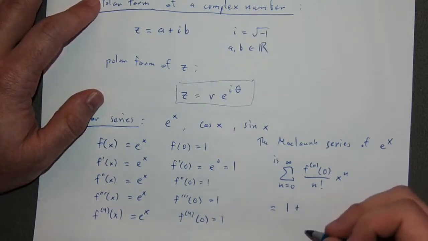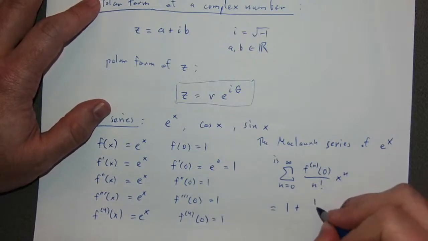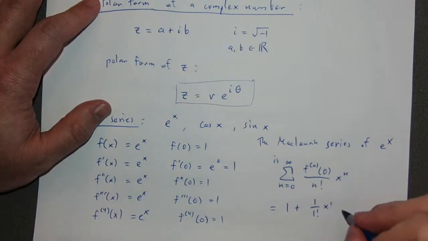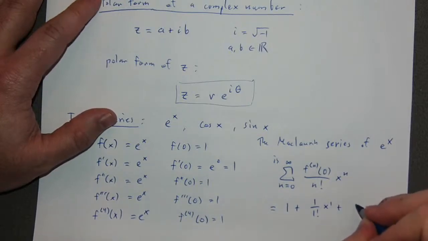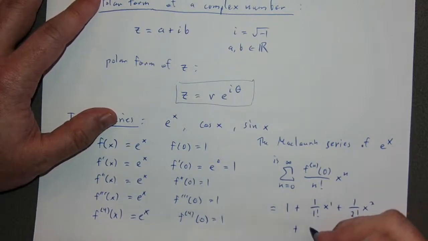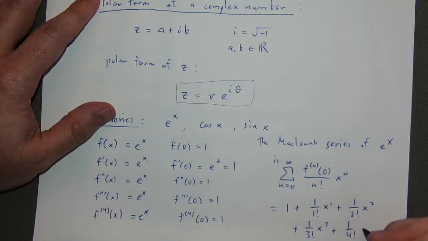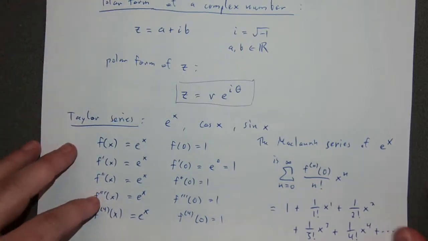Plus 1 over 1 factorial times x to the 1, plus 1 over 2 factorial times x squared, plus 1 over 3 factorial times x cubed, plus 1 over 4 factorial times x to the 4th, and so on.